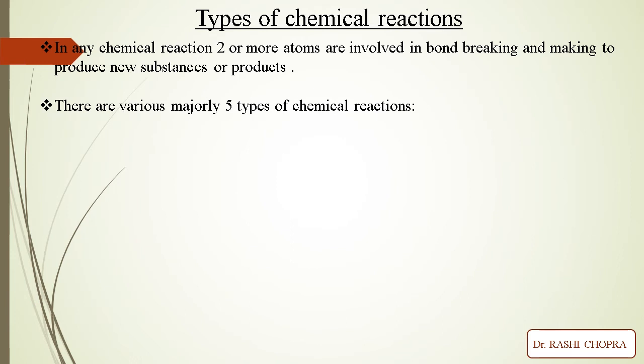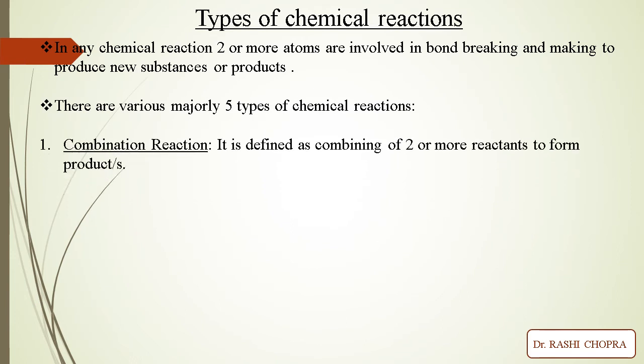There are majorly 5 types of chemical reaction, and the first type is the combination reaction. Combination, that is, something is combining. Okay, something is getting added up. So in a combination reaction, 2 or more substances, or we say here reactants, they combine to give product or products.